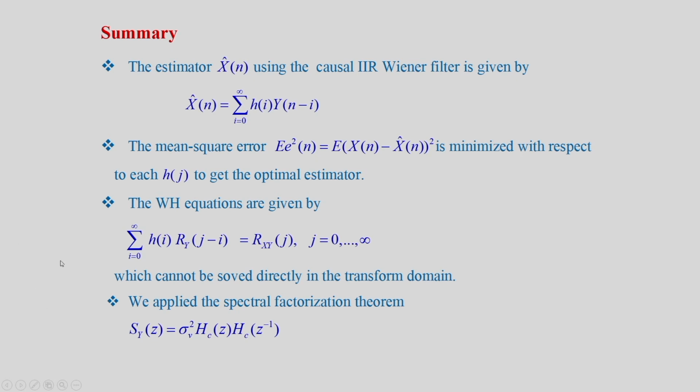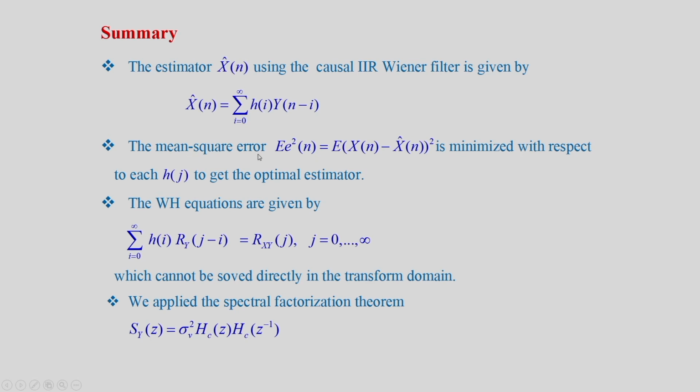Let us summarize the lecture. The estimator x hat n using the causal IIR Wiener filter is given by this relationship: x hat n is equal to summation of h i into y n minus i, i going from 0 to infinity.